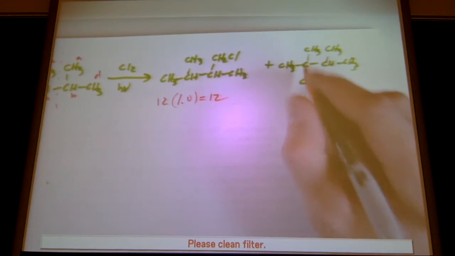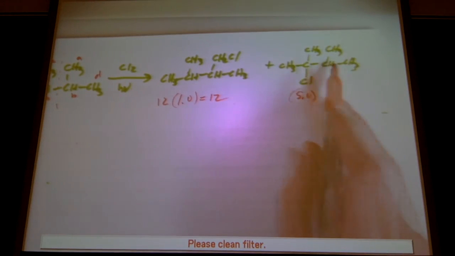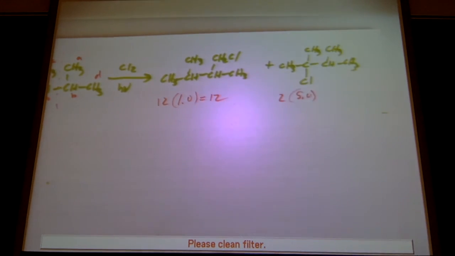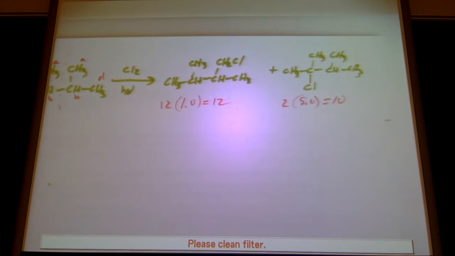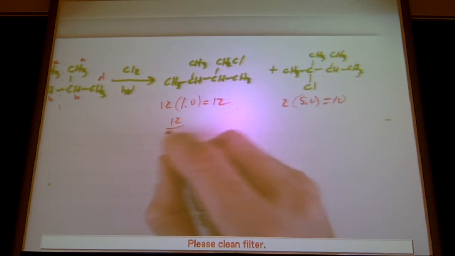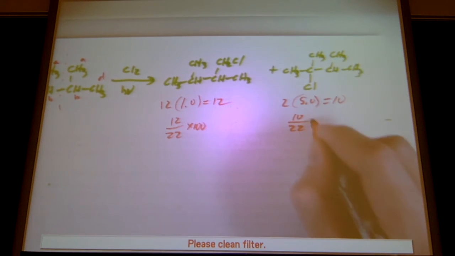And the selectivity ratio for tertiary is 5. And I have 2 of those positions that are equivalent. I multiply that by 2, I get 10. So I add those up, 22, so 12 divided by 22 times 100, and 10 divided by 22 times 100.